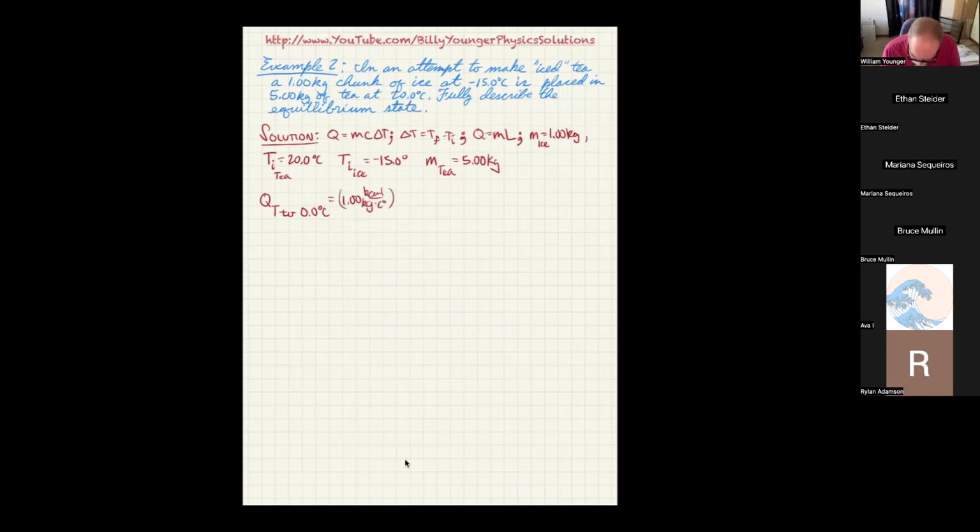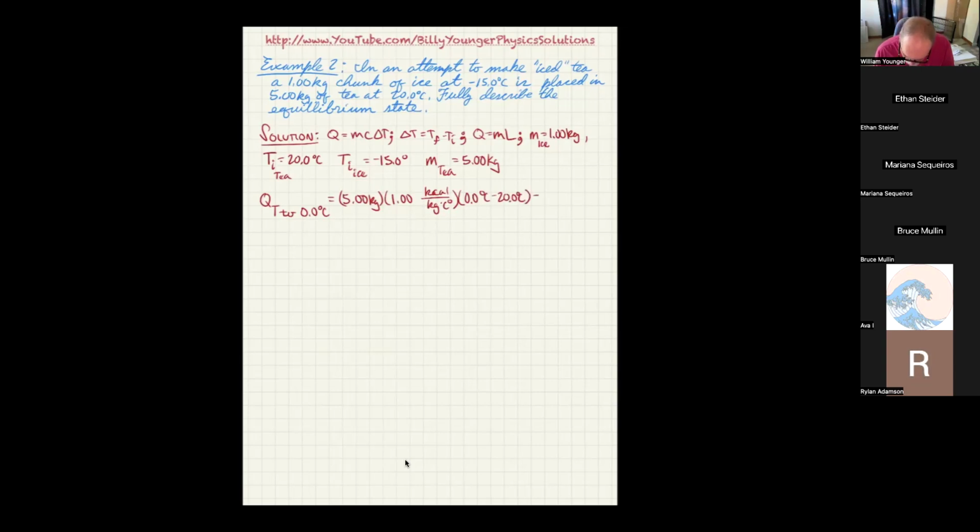Oops, I should write it in the way that I actually gave you the equation, so I should put the mass down first. The mass is 5.00 kilograms, that's the tea. The specific heat is 1.00 kilocalories per kilogram Celsius degree. And the final temperature is 0.0 degrees Celsius minus the initial temperature, which was 20.0 degrees Celsius.